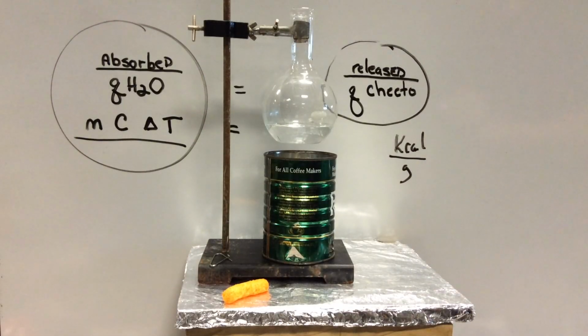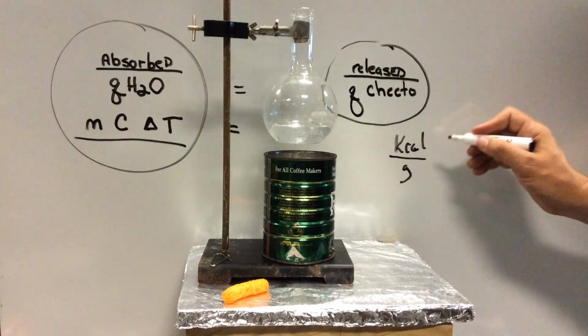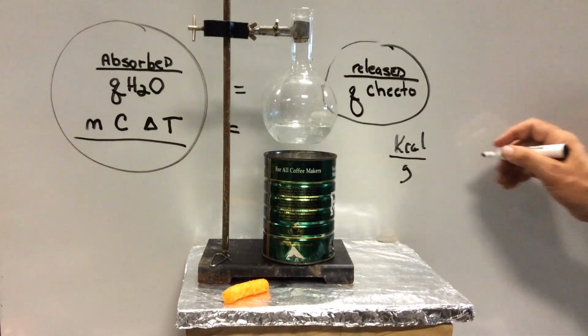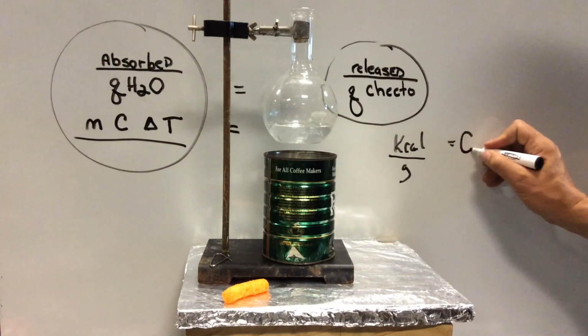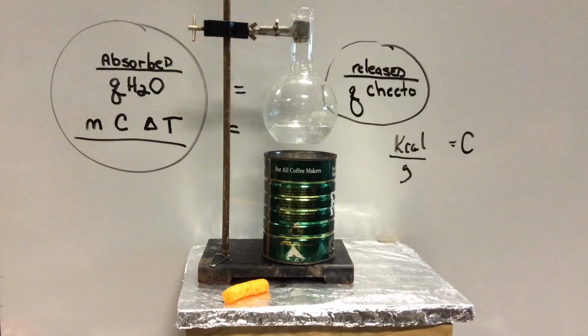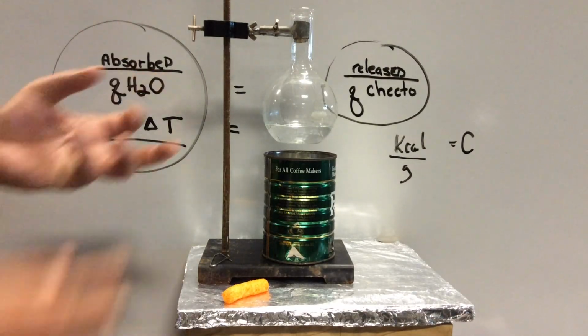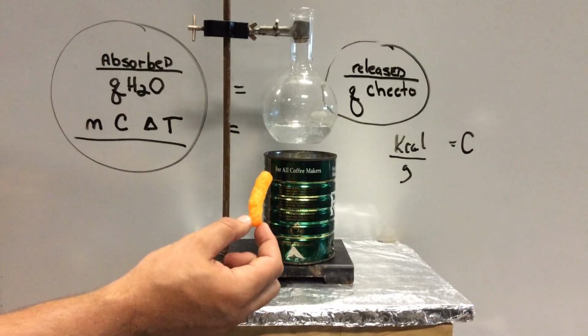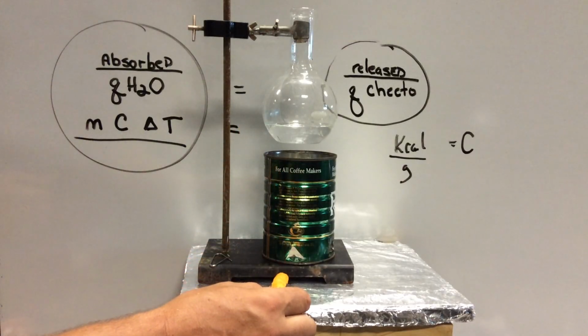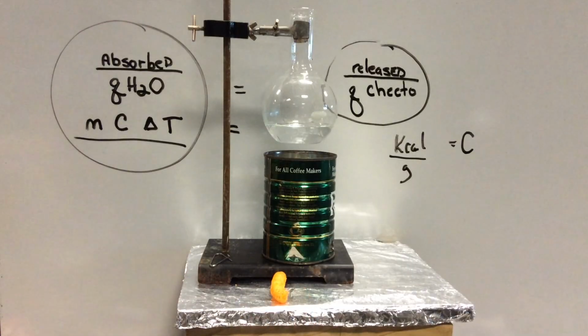And that'll tell me, no matter what size Cheeto I'm working with, what the kilocalories are per gram, which, by the way, a kilocalorie, as we talked about, is a big calorie. So that's what we're after. It's very important you understand the process, that we're going to use the water to get us information about the Cheeto, assuming all the Cheeto does burn. But let's go mass out the Cheeto and get this started to get all our data.